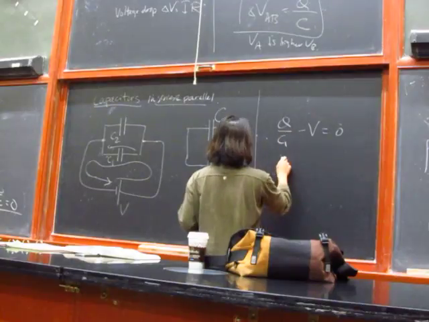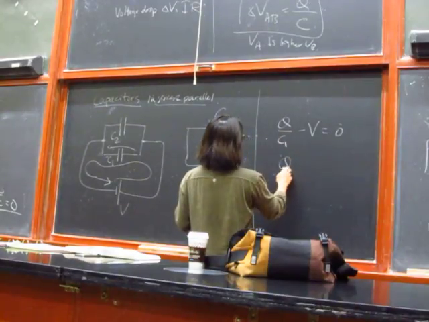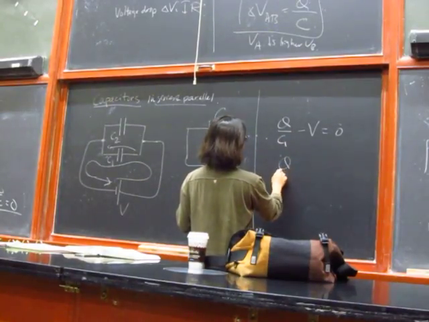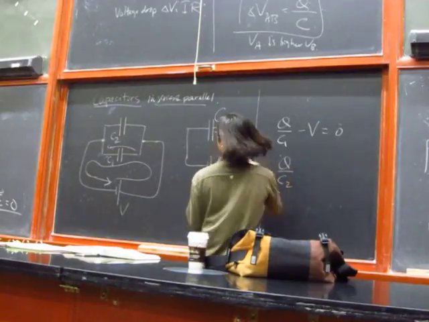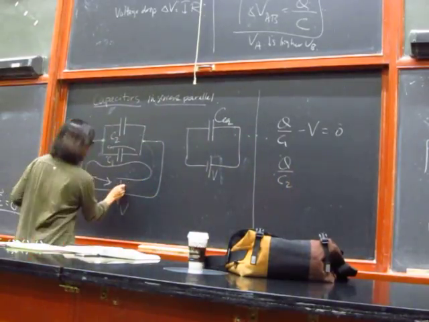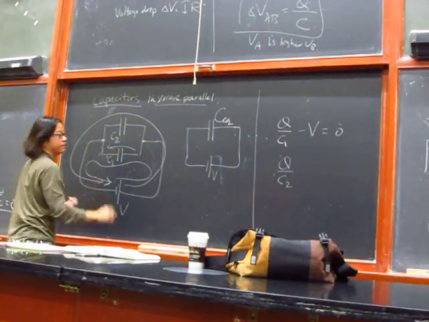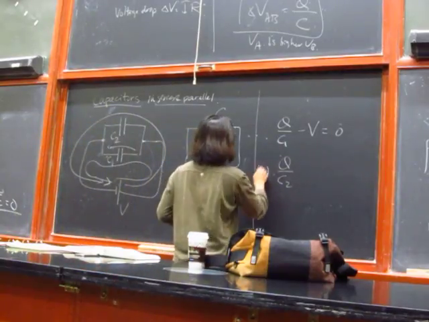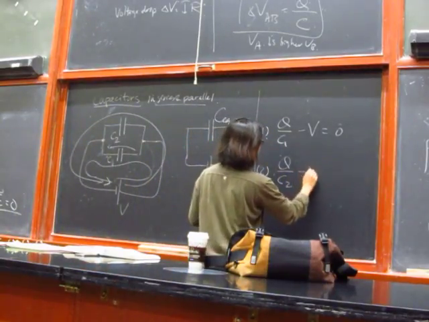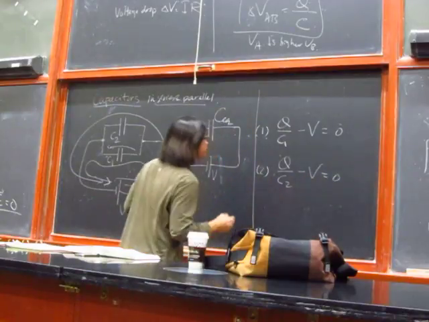Then the other one is Q over C2, if I go across the other loop; this is loop 2, this is loop 1, minus V equal to 0.